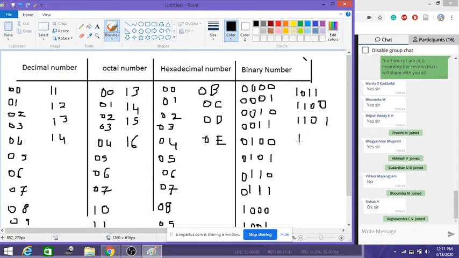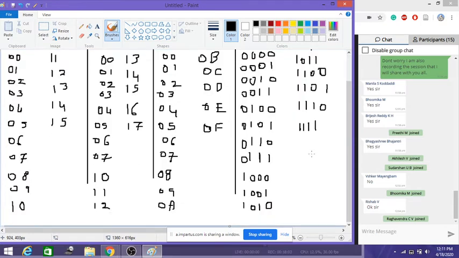In terms of binary it is 1110. Then here it is 15, here I'll get 17, and here 0F. And here we have reached the maximum number, 4 ones.